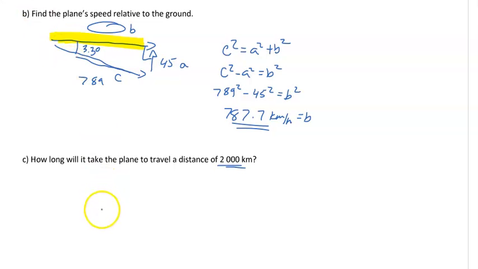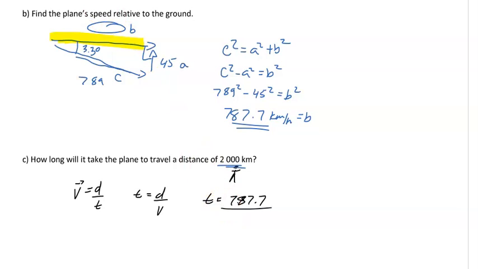And this 2,000 kilometers is a distance with respect to the ground. So, given that v is equal to d over t, or time is equal to the displacement divided by the velocity, that velocity is 787.7 kilometers per hour.